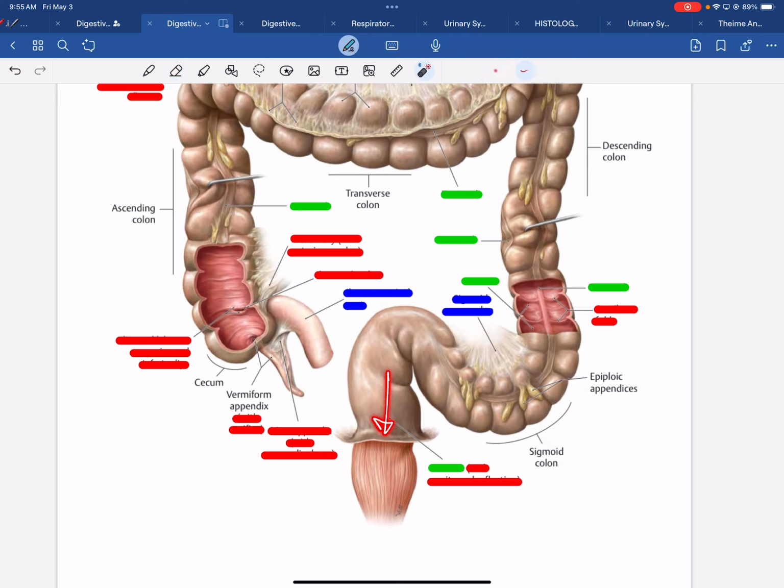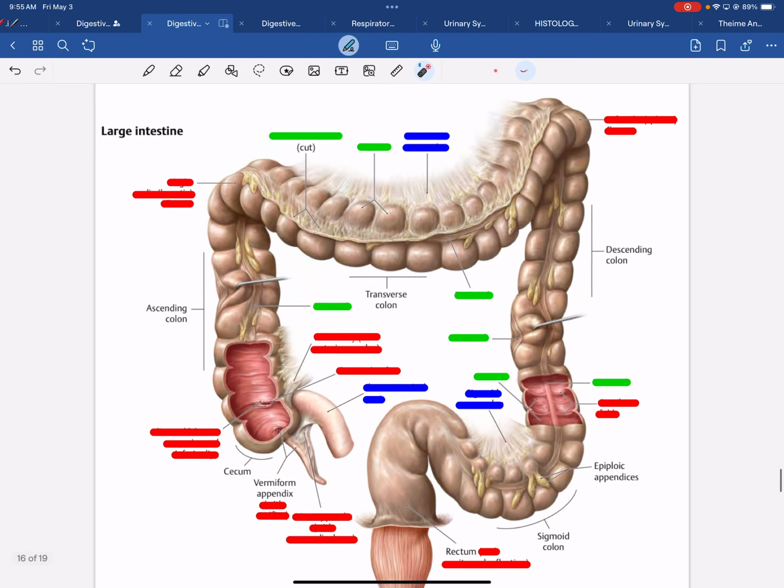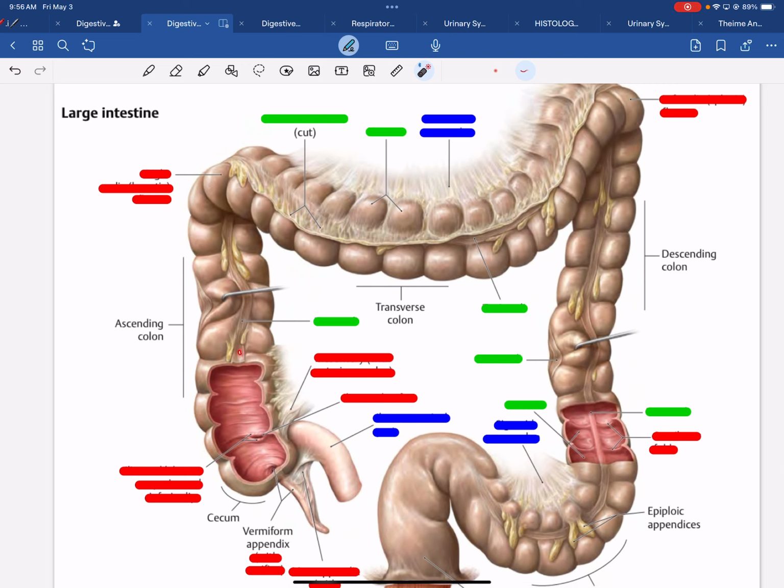And what's after the sigmoid colon? The rectum, good. And then it's not on here, and I don't think in the lab manual either, but is the anal canal. Is rectum in the lab manual? Not for gross anatomy? Okay, don't worry about that then. All right, what are these?